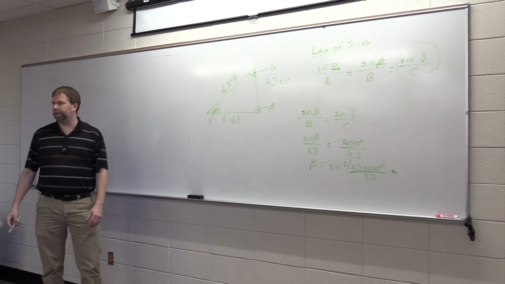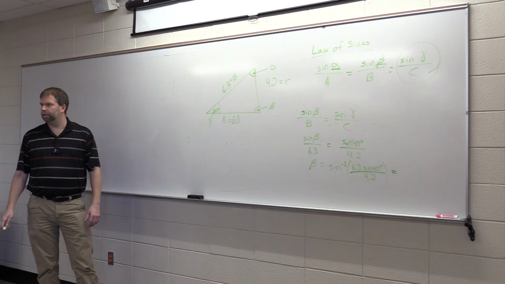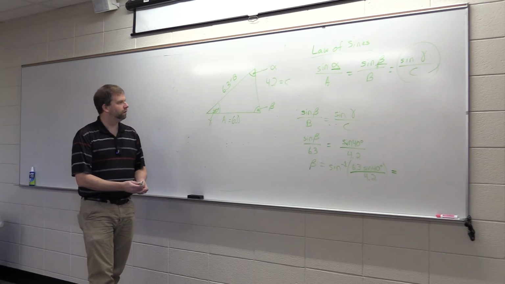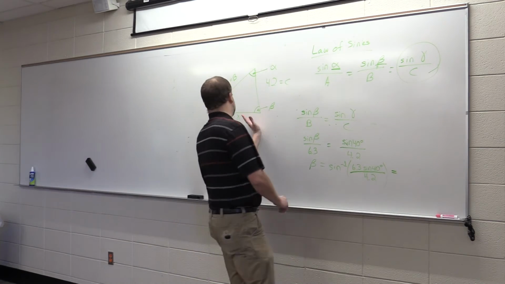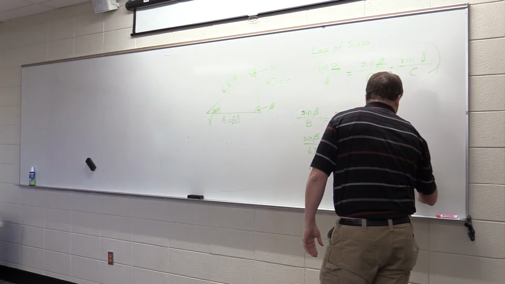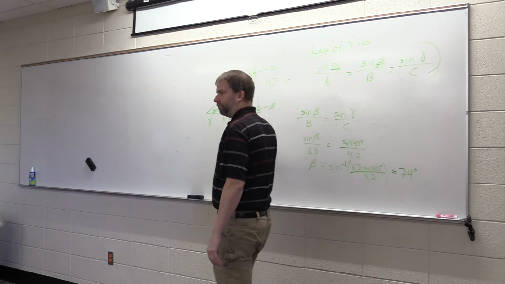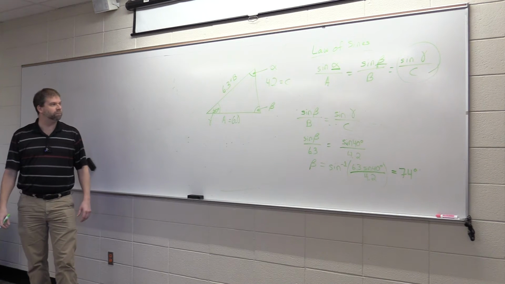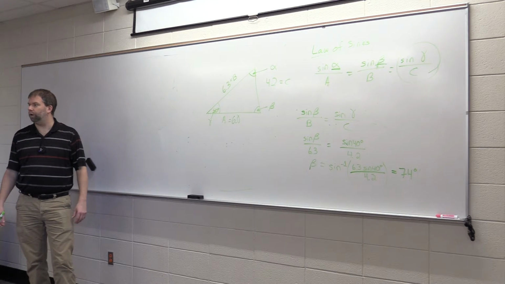So what do you get when you crank on that? We get about 74. 74 degrees, which, for some poorly drawn freehand, looks reasonable. I got 64 when I did it before. Okay. Could be wrong. What else are we getting?